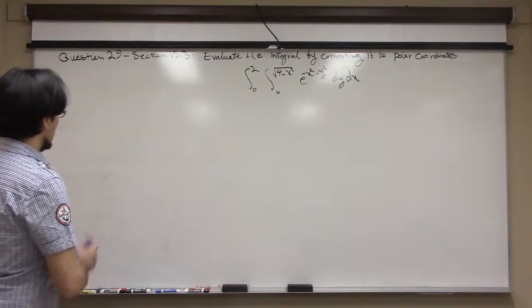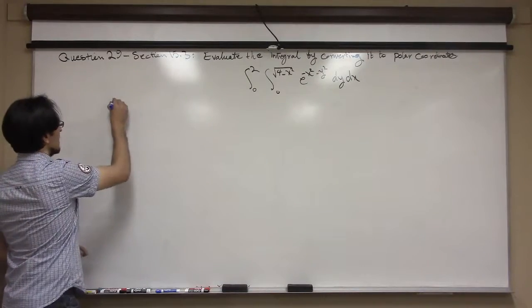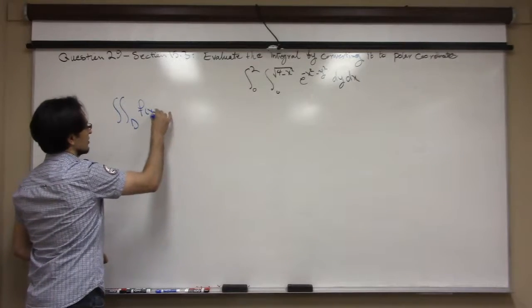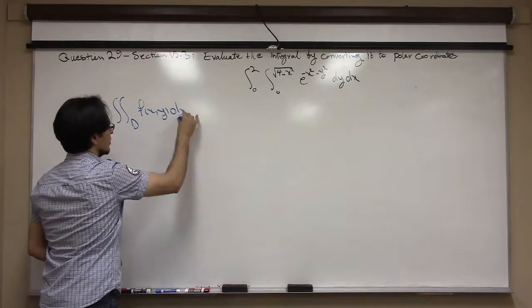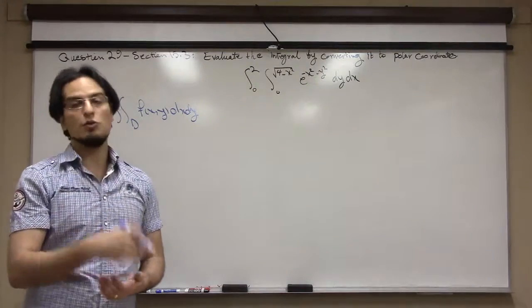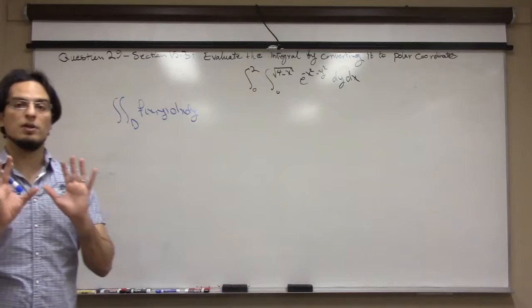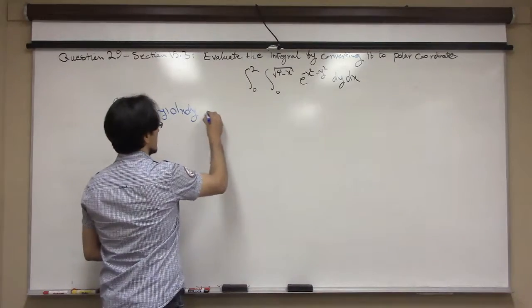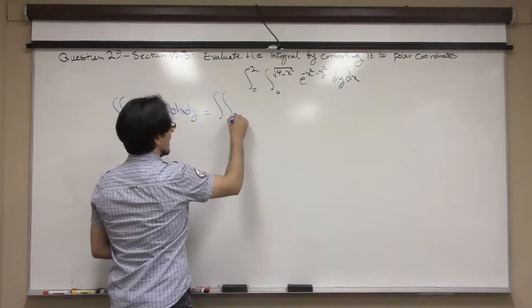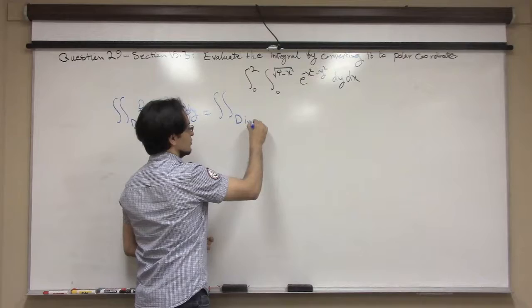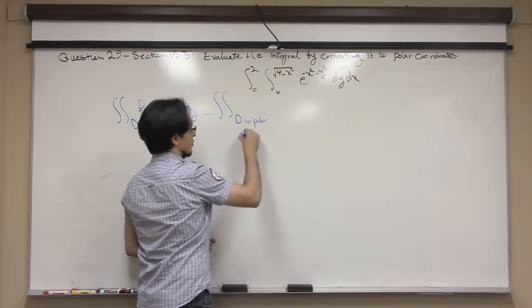What you have to remember is that to change an integral from Cartesian coordinates to polar coordinates, you have to apply three changes to your integral. First thing is write your D, your region, in polar coordinates.